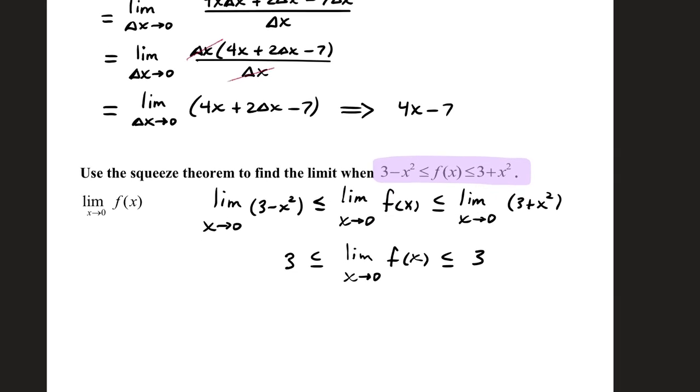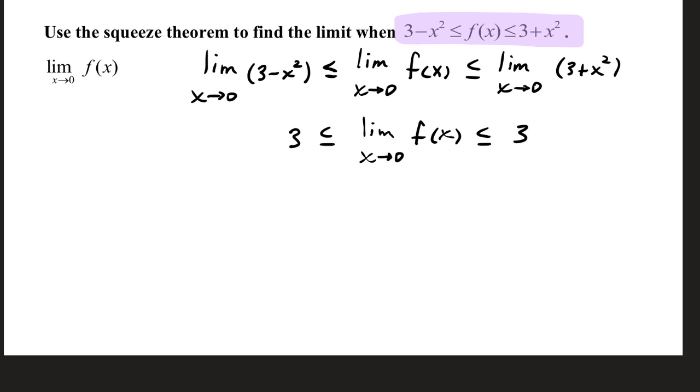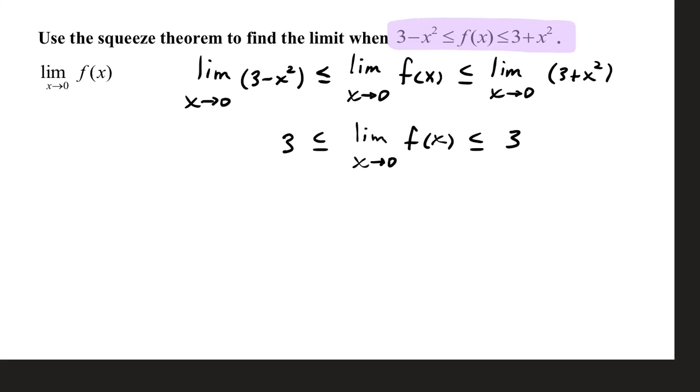The squeeze theorem. If your function can be squeezed between two separate functions, in this example, we have 3 minus x squared. The other function is 3 plus x squared.